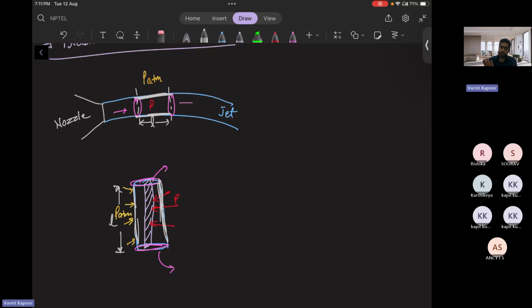So that is why I've written it like this. No surface tension, as there is liquid on both sides.